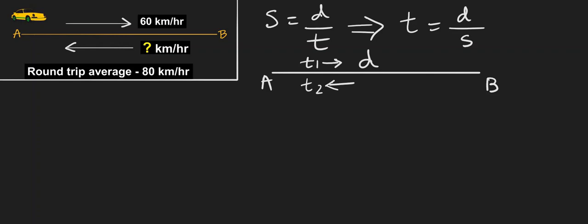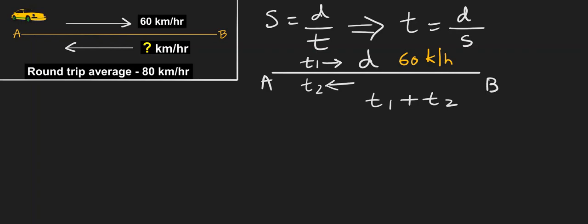And so the total time that the car takes to go from A to B and back from B to A would be t1 plus t2. Now we are also given that the car travels from A to B at an average speed of 60 kilometers per hour.